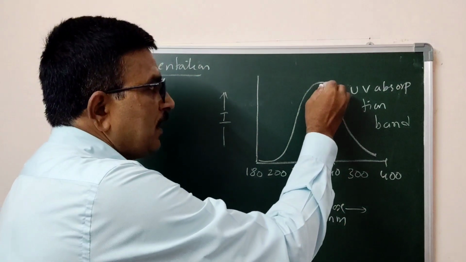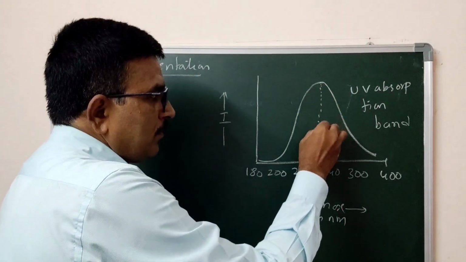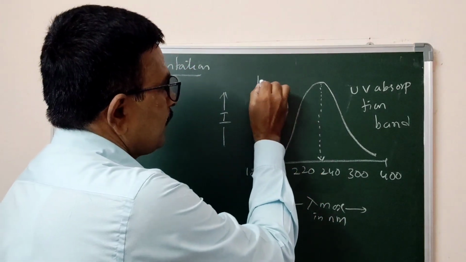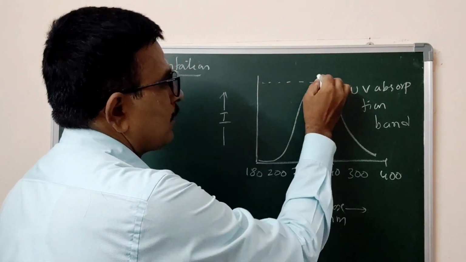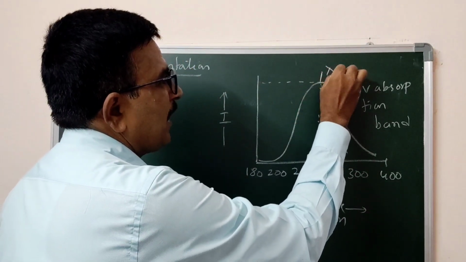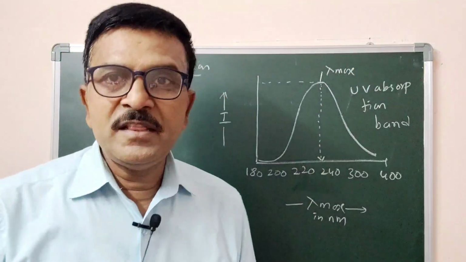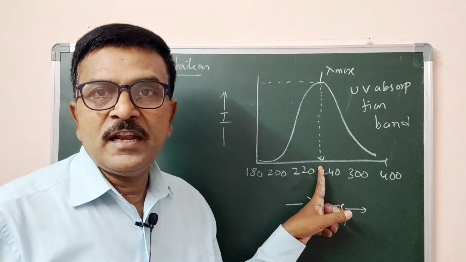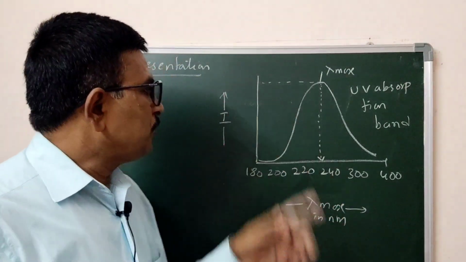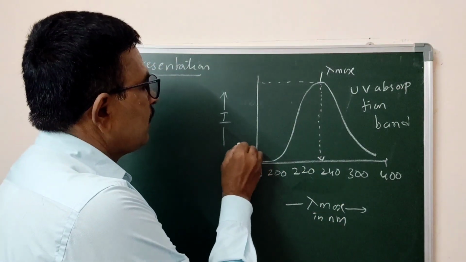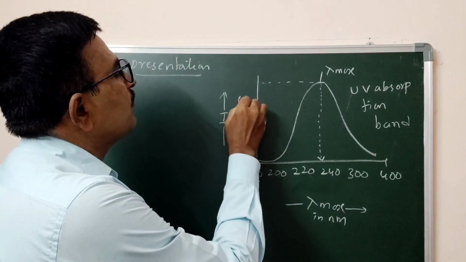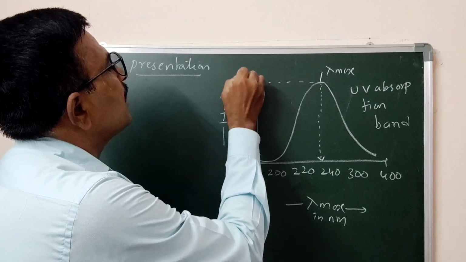Its position can be interpreted from the midpoint of the band. So this is the lambda max absorbed by the sample. Its lambda max is, say, nearly 240 nanometer, corresponding to say 10%, 20%, 30%, 40%, 50, 60, 70, up to 100.